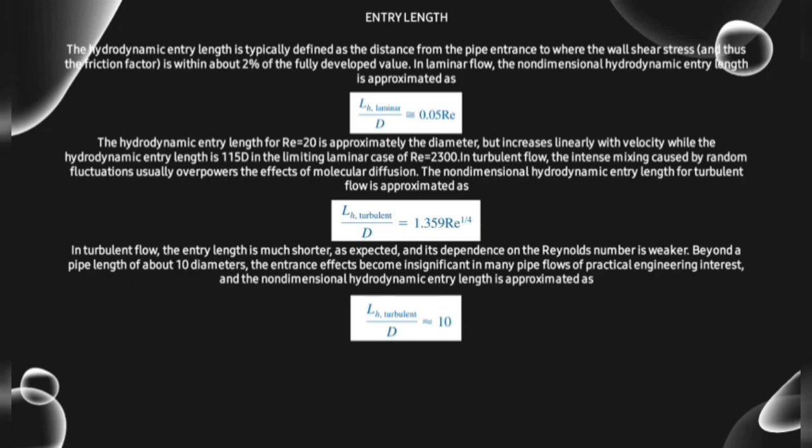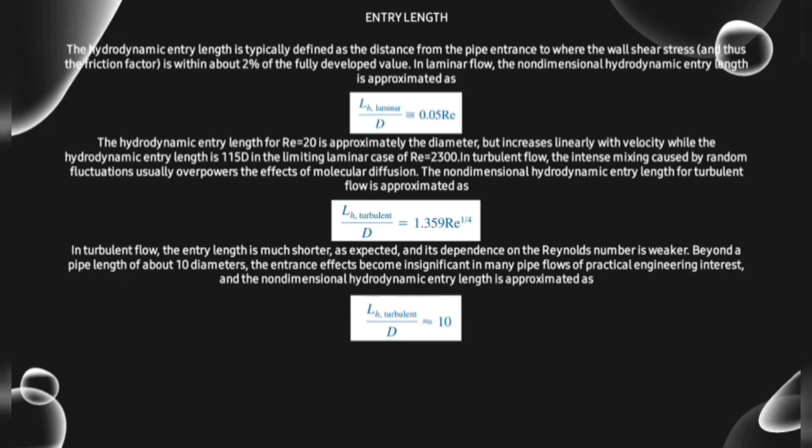In turbulent flow, the intense mixing caused by random fluctuation usually overpowers the effects of molecular diffusion. The non-dimensional hydrodynamic entry length for turbulent flow is approximated as L_h,turbulent over D equal to 1.359 Re to the power of 1/4.